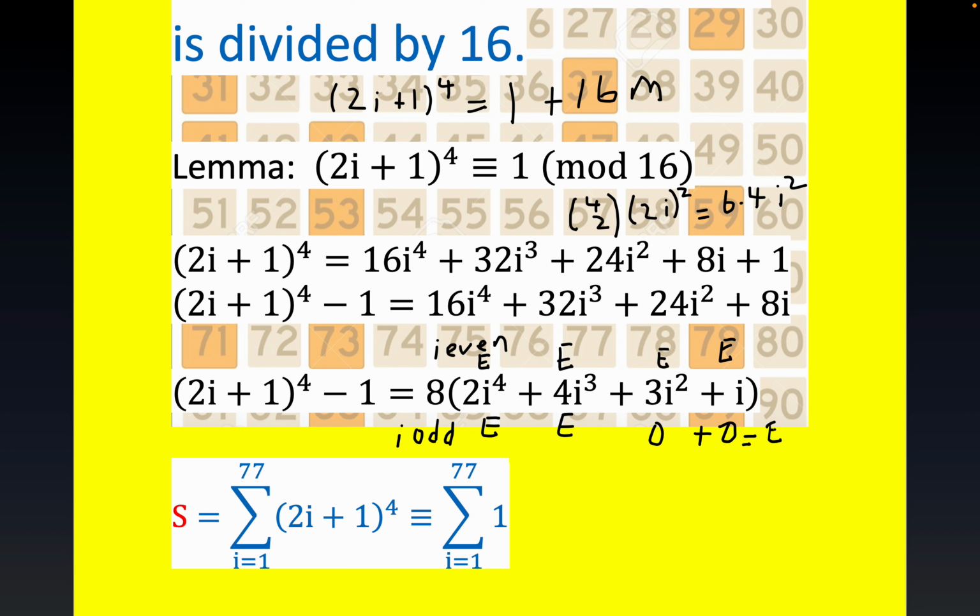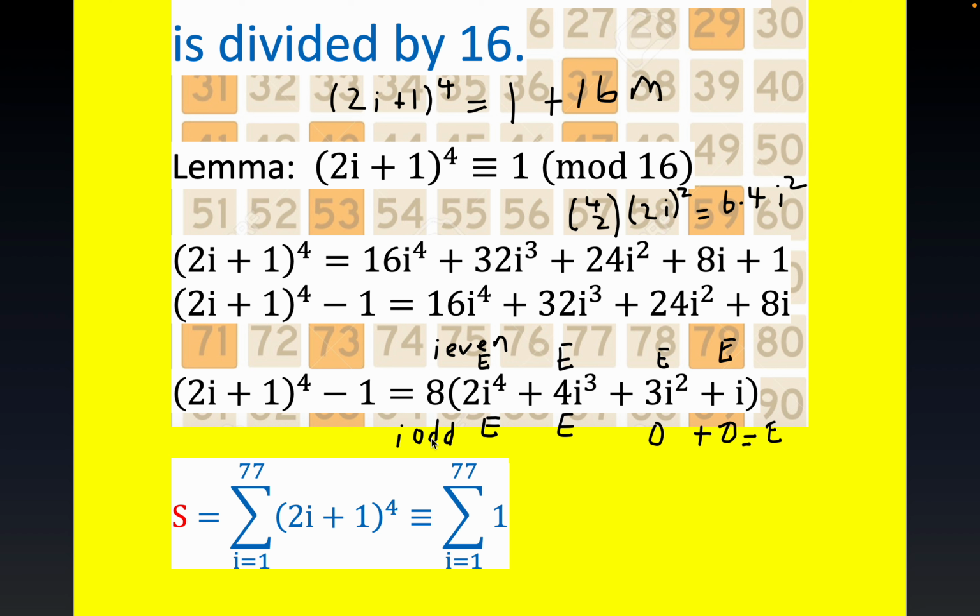So again, everything is even. And so you do get this form right here, (2i plus 1) to the fourth power equals 1 plus some multiple of 16, excuse me. Because we already had the 8 out here, and we've shown that this parenthetical quantity is even in the case i is even or i is odd.